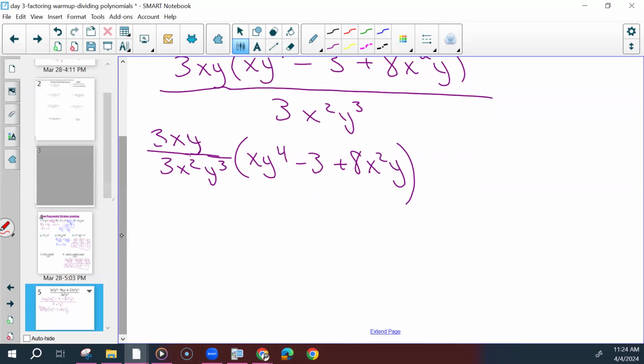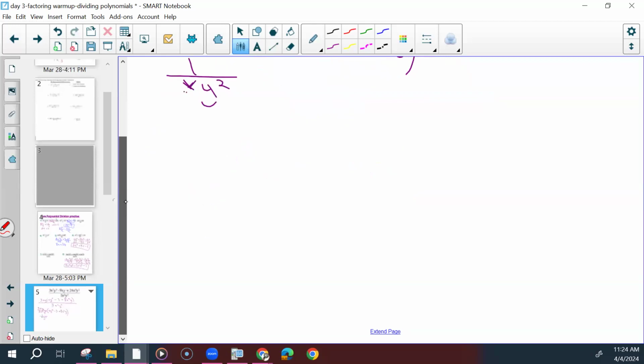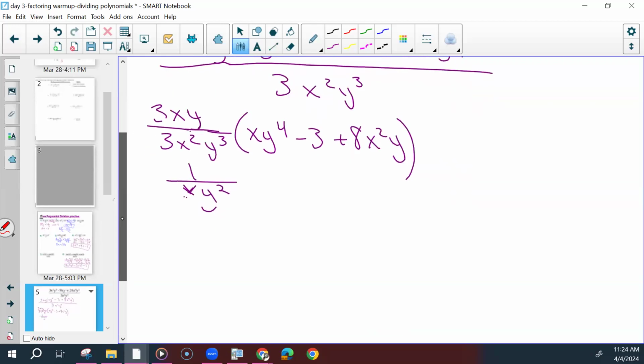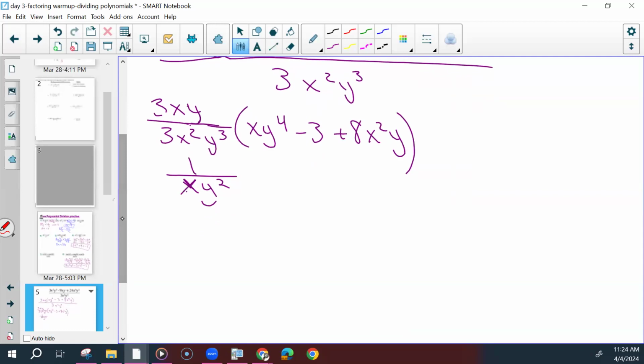One of the x's, there would only be one x, but it wouldn't be in the numerator. And there would be y squared, but again, not in the numerator. One over xy squared. And then bring this parentheses down.